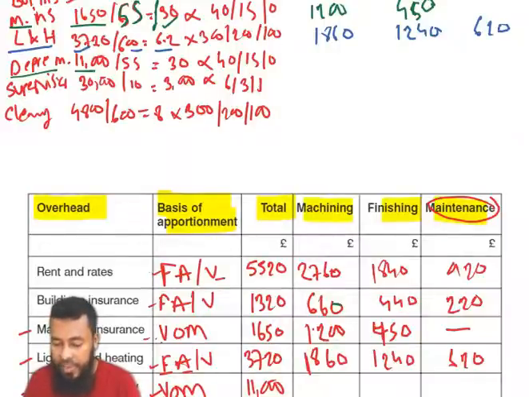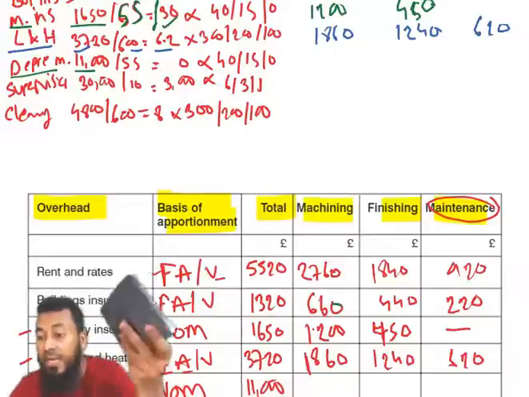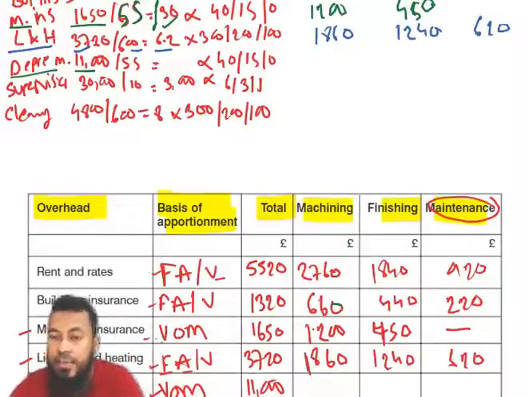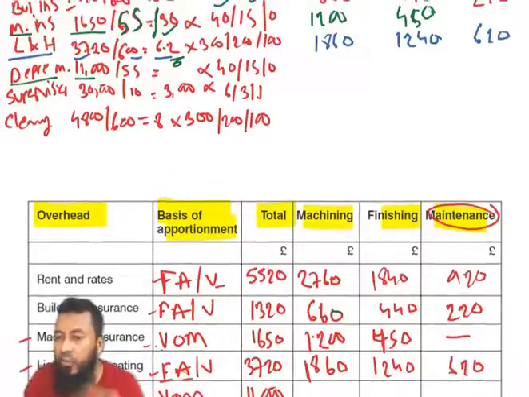Hold on, 11,000 divided by 55. It's not 30, it's 200. I made a mistake before. It should be 200, shouldn't it? Yeah, my calculator says it should be 200. What I did, I remember, I copied it from the top one.